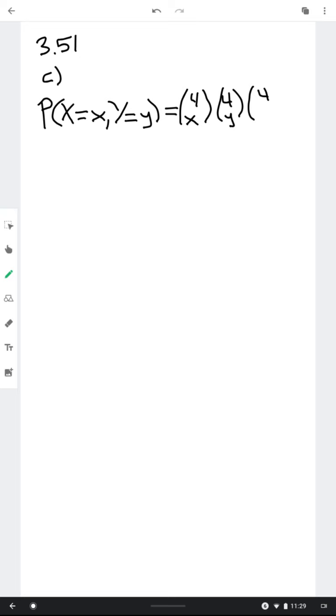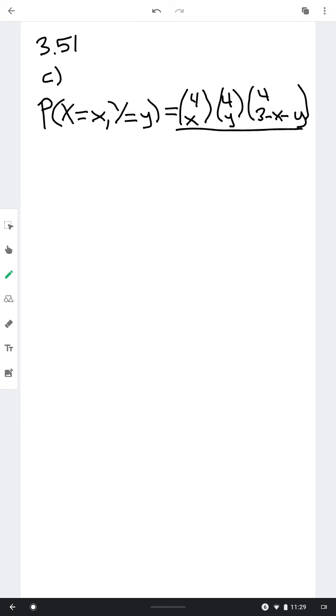If we chose 0 cards from X and Y, then we have 3 cards left. If we choose 1 card of each, we had 1 card left. So we think of this as 3 minus x minus y at the bottom, subtracting away those cards.